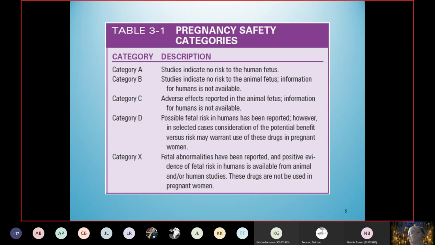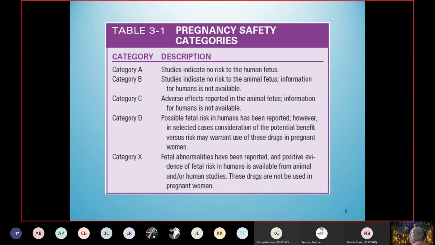In other words, there have been no studies with humans. Category C, adverse effects on animal fetus. Again, no information on human. Category D, possible fetal risk in humans has been reported. However, in select cases, the benefit may outweigh the risk.